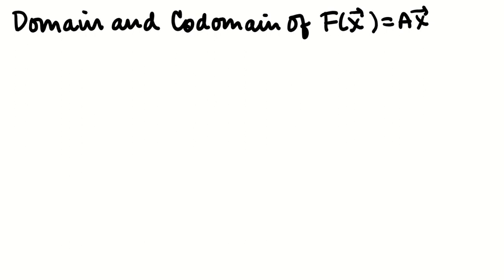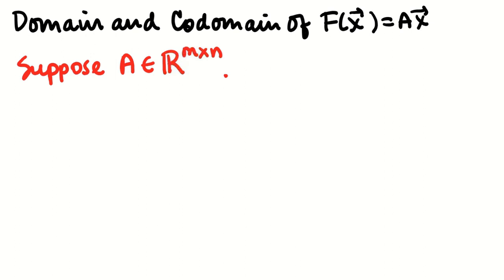Suppose A is an m by n matrix. Okay? That means that AX is going to be a matrix multiplication of, okay, A is an m by n, and X is going to have to be an n by 1, right?